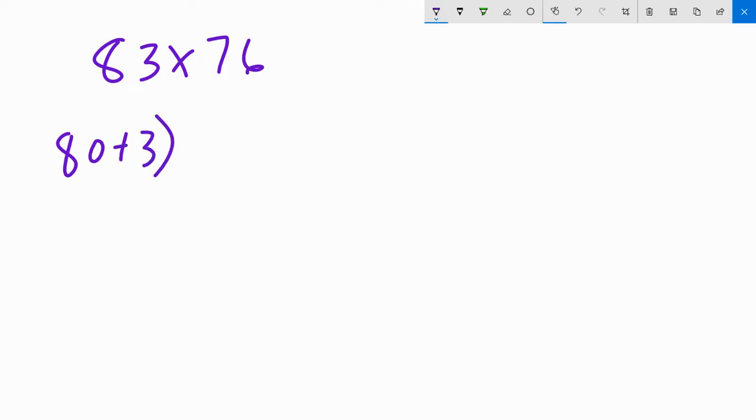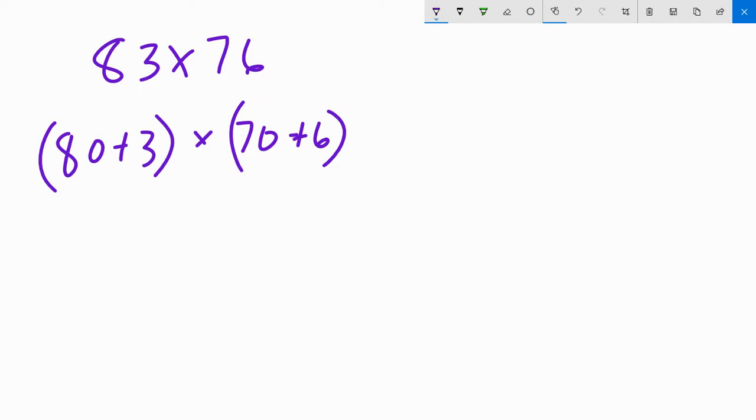All right. But the other thing that you're responsible for is 2-digit by 2-digit multiplication, like 83 times 76, for example. And again, we could split these up into separate pieces, and we can think of how we're going to multiply each thing by the other. It's called the distributive property, is how we started this.